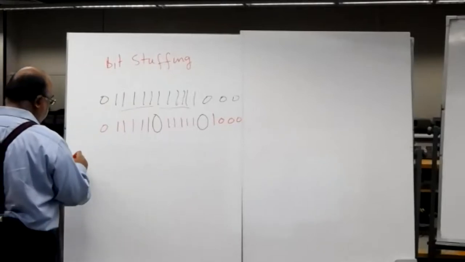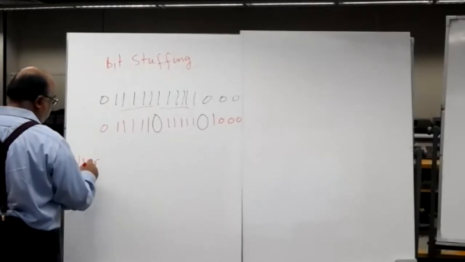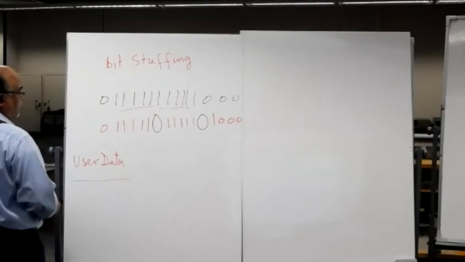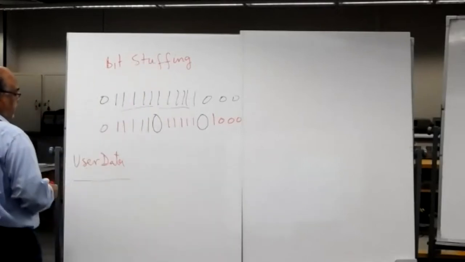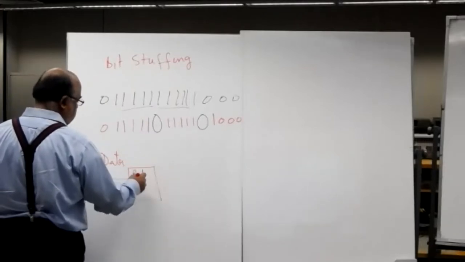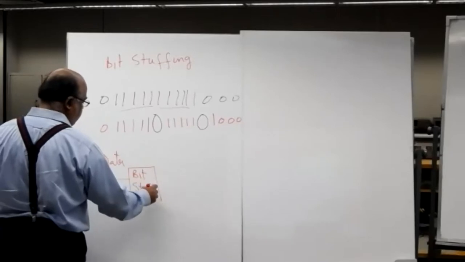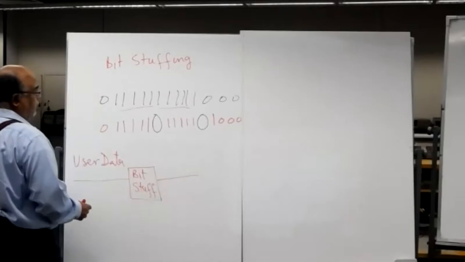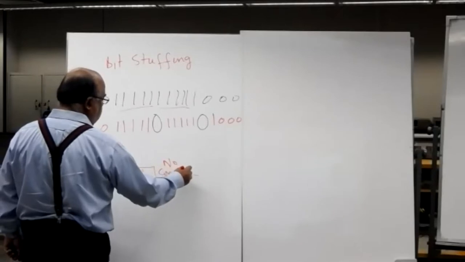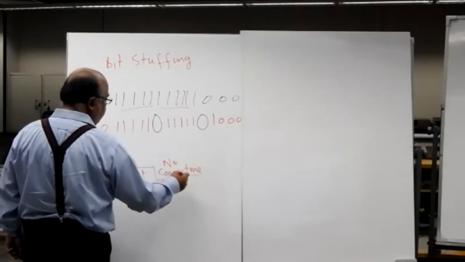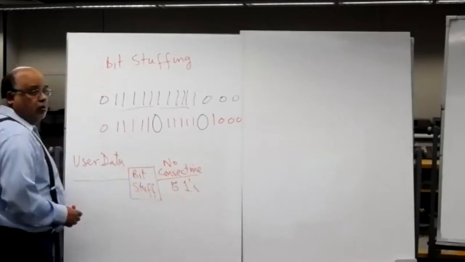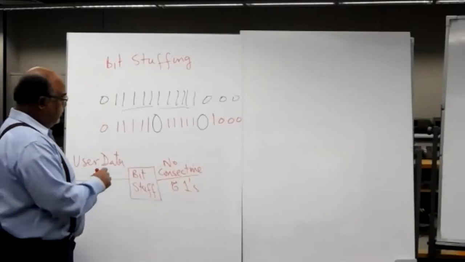So user data is coming like this, which may have long strings of ones and zeros or whatever. You do bit stuffing. Now we never have more than 5 ones, no consecutive 6 ones in this data.